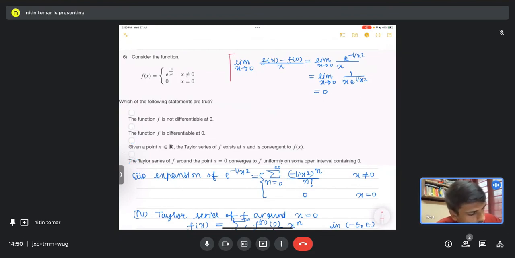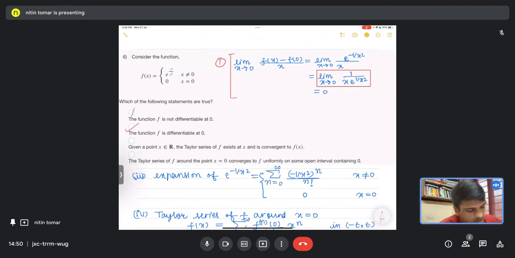So we can use the definition of differentiability, right? So at 0, f is differentiable if and only if this limit exists by definition. Now we compute this limit: limit x tends to 0 of 1 upon x times e to the minus 1 by x squared. And as x goes to 0, this limit is 0. So f is differentiable at 0.